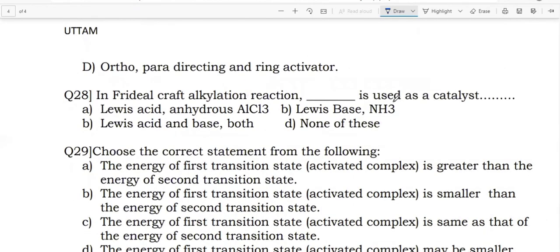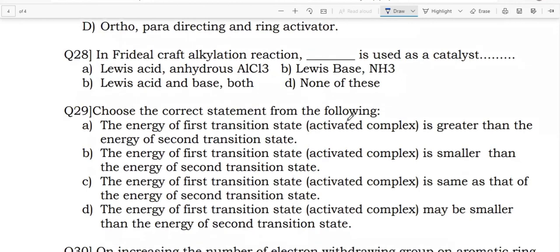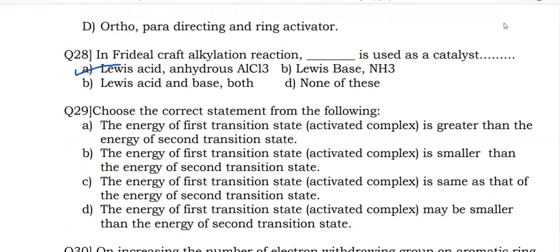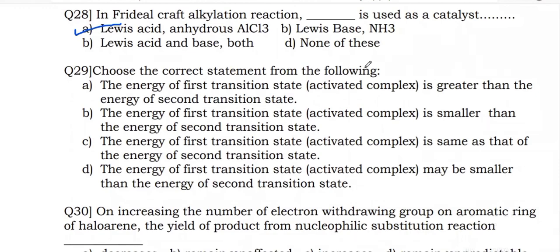Question number 28. In a Friedel-Crafts alkylation reaction, dash is used as a catalyst. Obviously a Lewis acid is used as a catalyst. Answer A is correct, Lewis acid, anhydrous AlCl3. Question number 29. Choose the correct statement from the following.